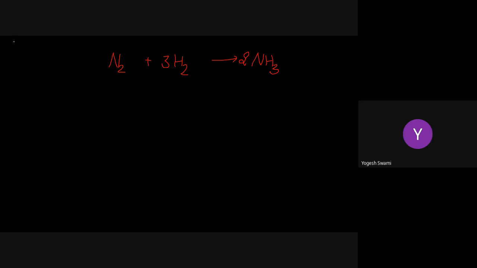Now these are present in which ratio? 1, 3 and 2. 1 is nitrogen, 3 is hydrogen and 2 is ammonia. These numbers 1, 3 and 2 are known as stoichiometric coefficients.